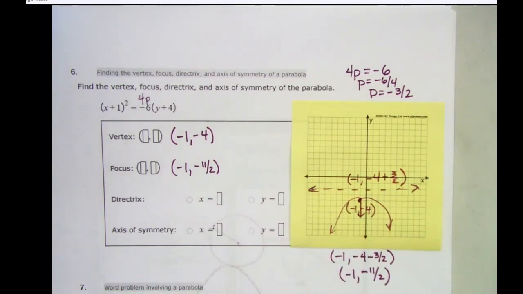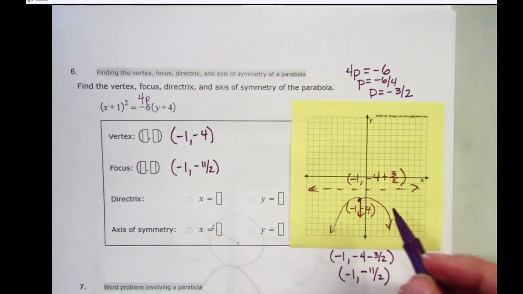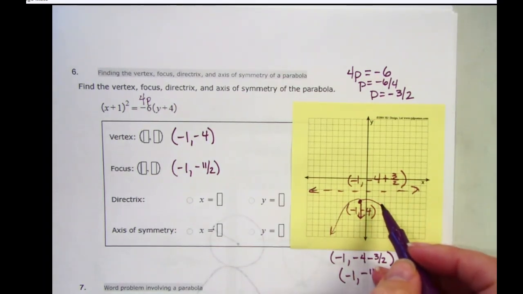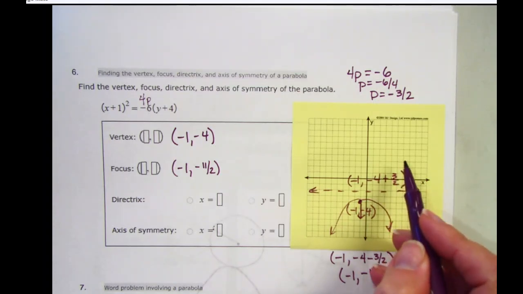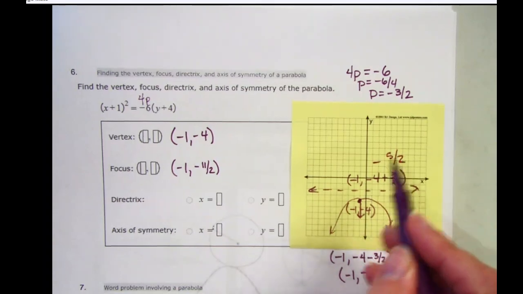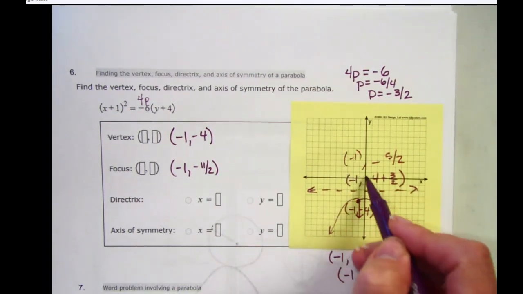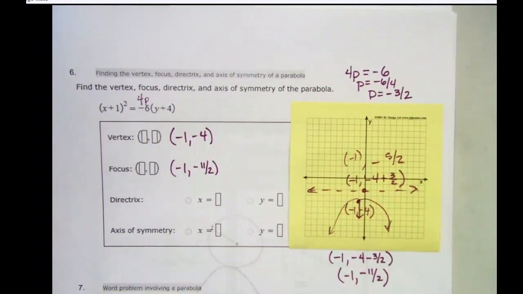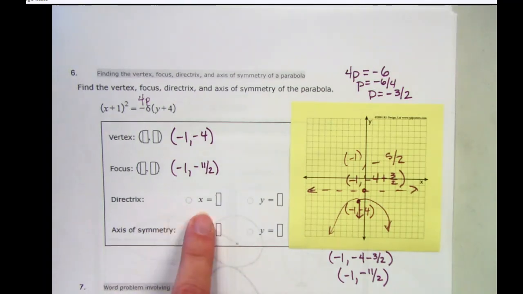So we're going up the y-axis. Oh, it just wants the equation, right? Hello. What is -4 plus 3/2? -5/2. So this point right here is -1, -5/2, but it wants the equation.